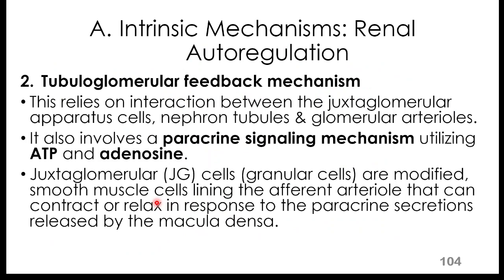Now, the second mechanism of autoregulation is called the tubuloglomerular feedback mechanism, and this is where the juxtaglomerular apparatus comes into play. It relies on interaction between the juxtaglomerular apparatus cells, the tubules, and the glomerular arterioles. Right? So it involves paracrine signaling mechanisms, which utilize ATP and adenosine.